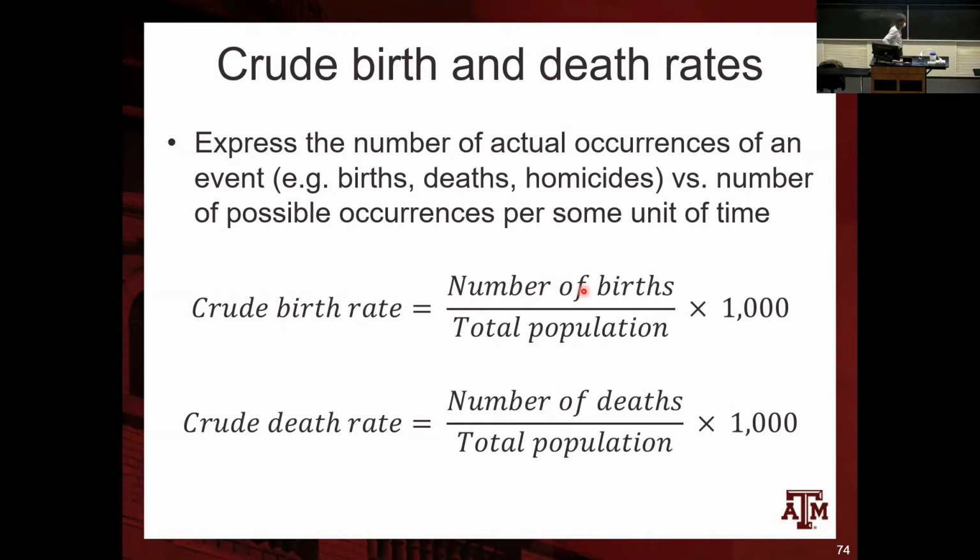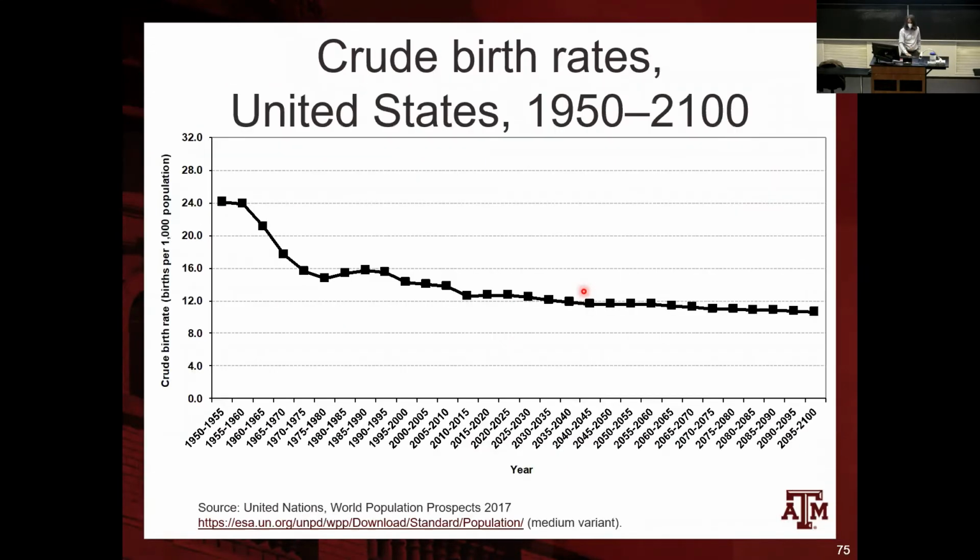But here I just want to show you really simple examples of rates. Let's see some trends of crude birth rates and death rates for the US between 1950 and the projections by the UN until 2100. We see that fertility declined a lot around the 60s and 70s and declined even more in recent decades, but it's kind of stable around 12 births per 1,000 people.